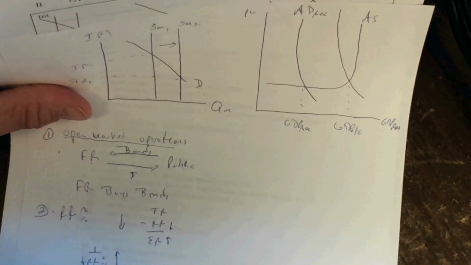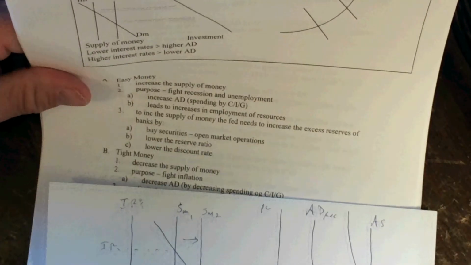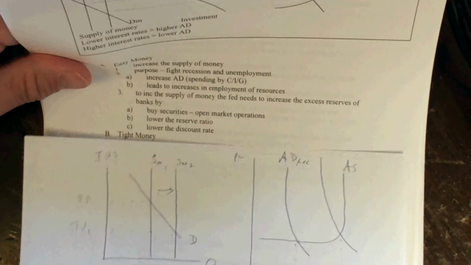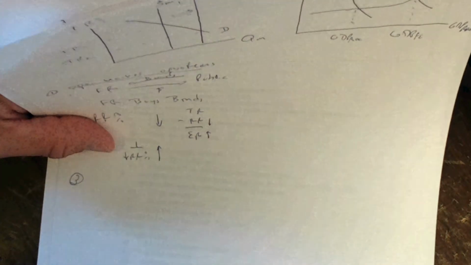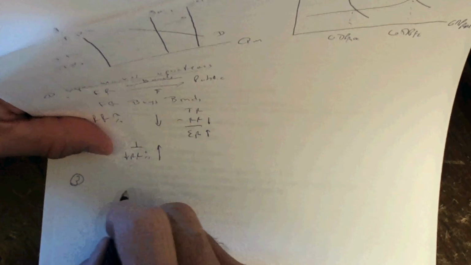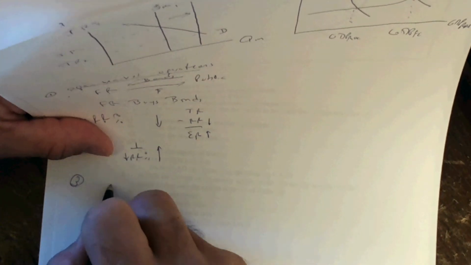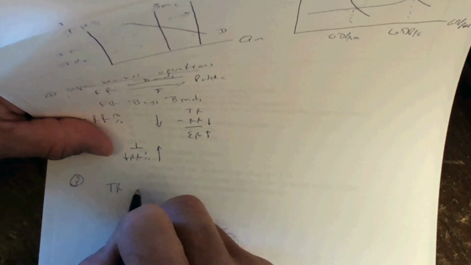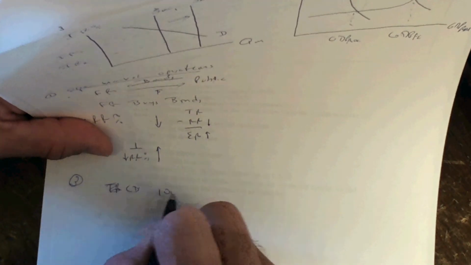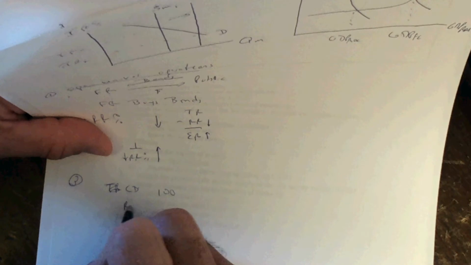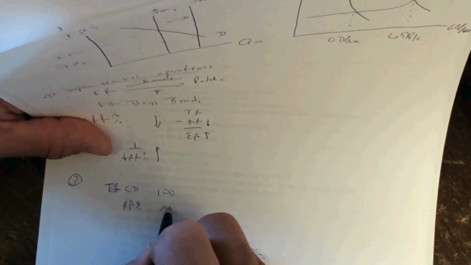The third tool of monetary policy is the discount rate. The discount rate is the penalty banks have to pay to the Federal Reserve when they are short on their required reserves. So let's say checkable deposits are 100, and let's say the reserve ratio as a percentage is 20%.